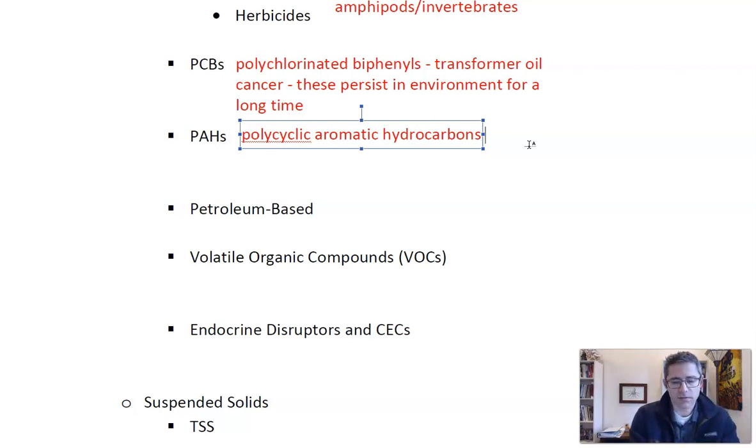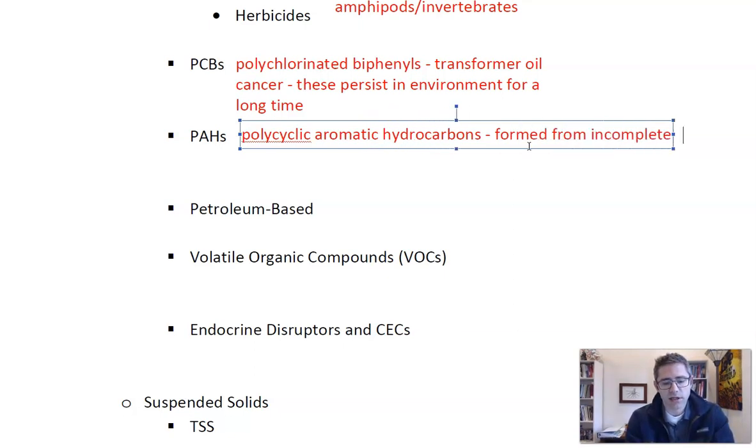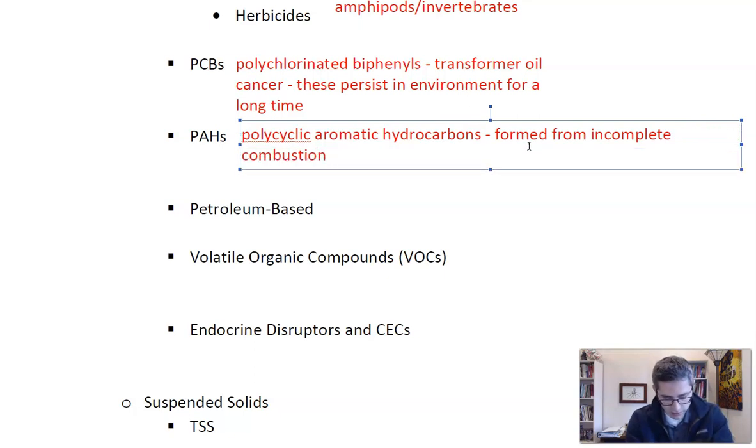They tend to be formed from incomplete combustion. So they can be formed like if you're grilling meat and you burn some or whatnot, you can form PAHs in the meat and then eat them.